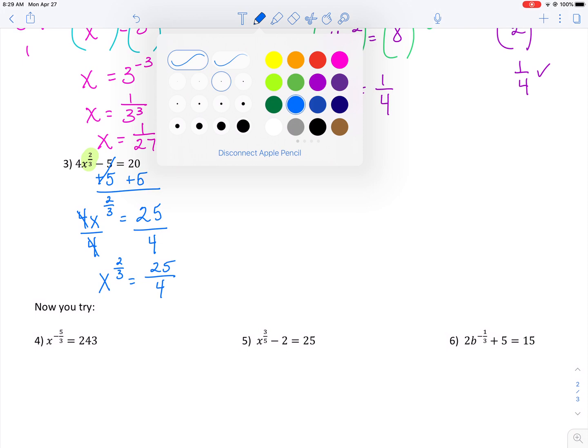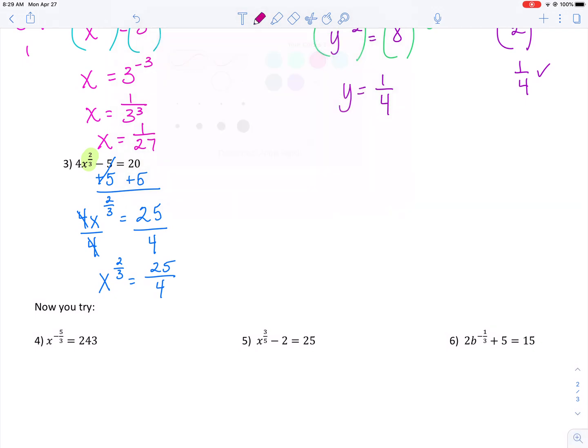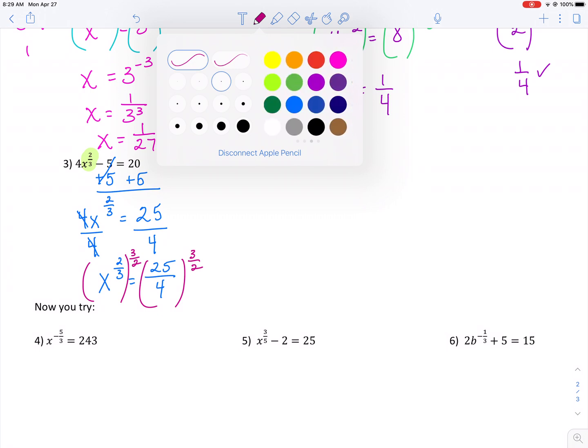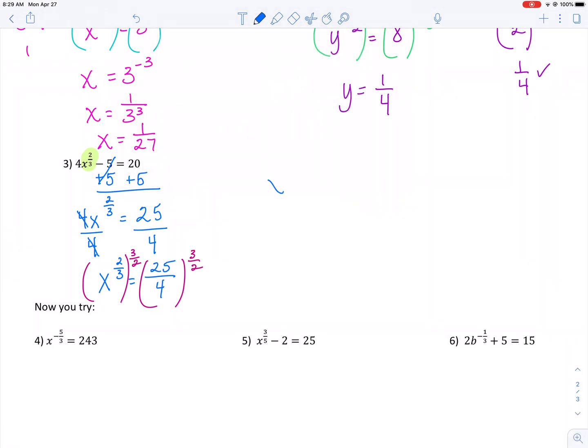And now, again, we're going to raise it. We got x by itself, so raise both sides to the 3 halves, the reciprocal power. When I do that, I get x, because I'm going to get 6 over 6, which is 1. And now I'm going to have 25/4 raised to the 3 halves.